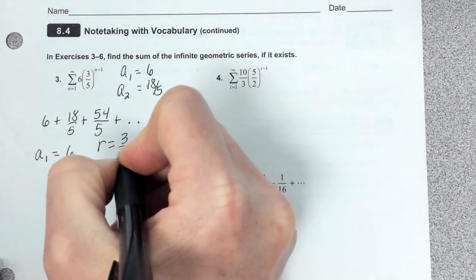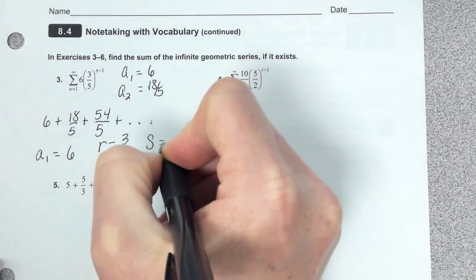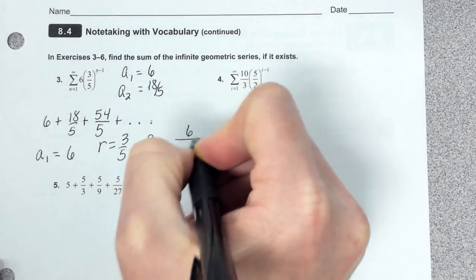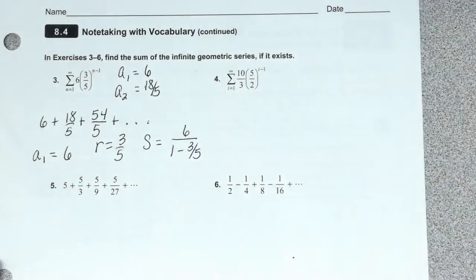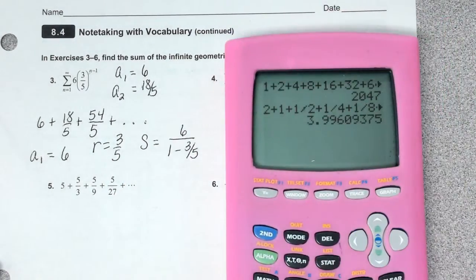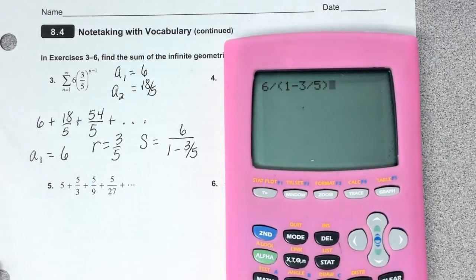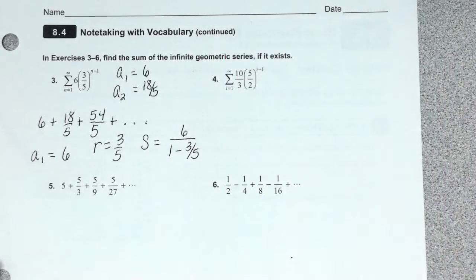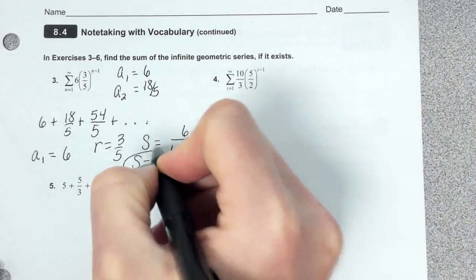So r is going to be 3/5. So then to find our sum, we're going to have to do a sub 1 over 1 minus 3/5. I can grab a calculator, or we can do that in our head. It's not that easy, or not that difficult. 6 divided by 1 minus 3/5 gives us 15. So this sum would be 15.